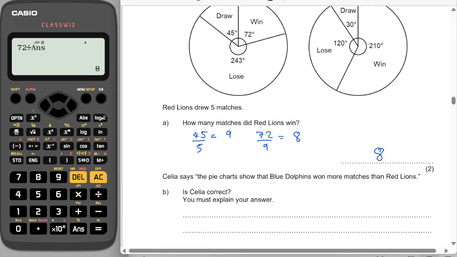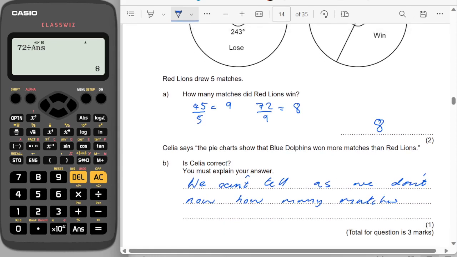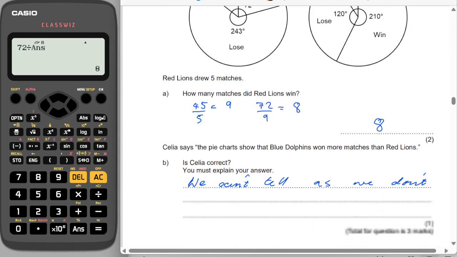We can't tell, as we don't know how many matches the Red Lions and the Blue Dolphins played.